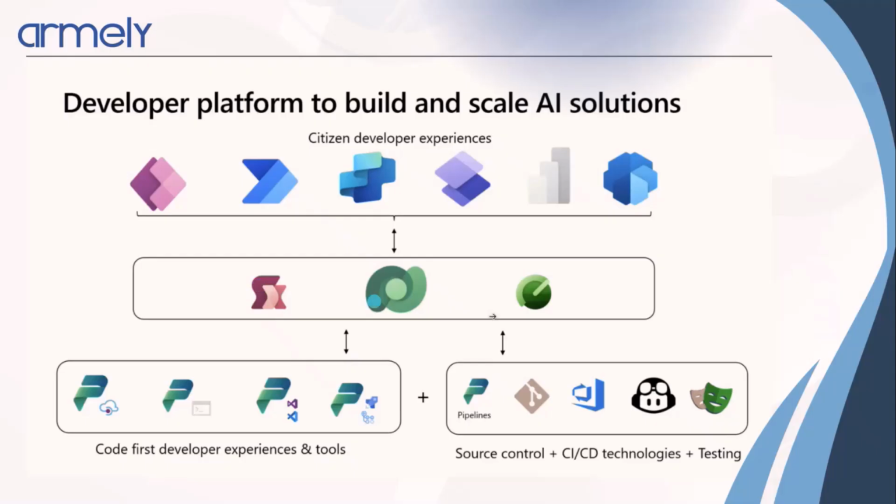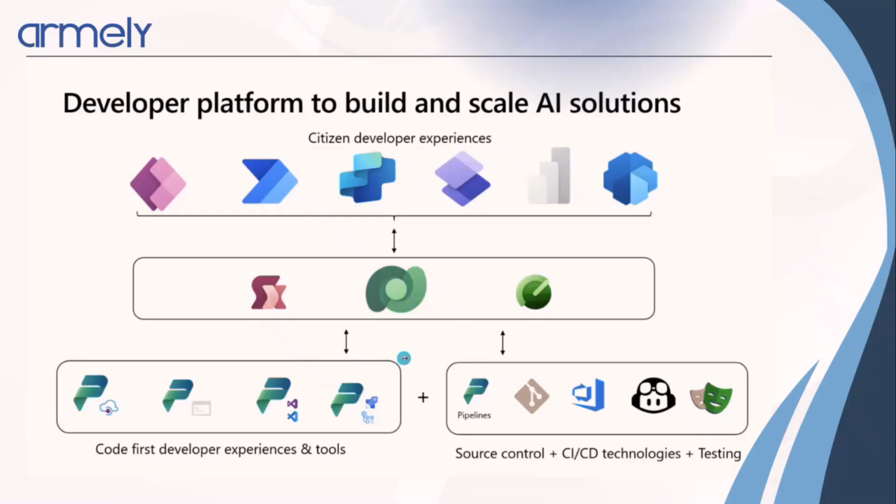And then here are the engines that drive the products. This is Power Fx, which is the language you use in Power Platform. This is Dataverse, which is the storage. And then we have the managed environment.